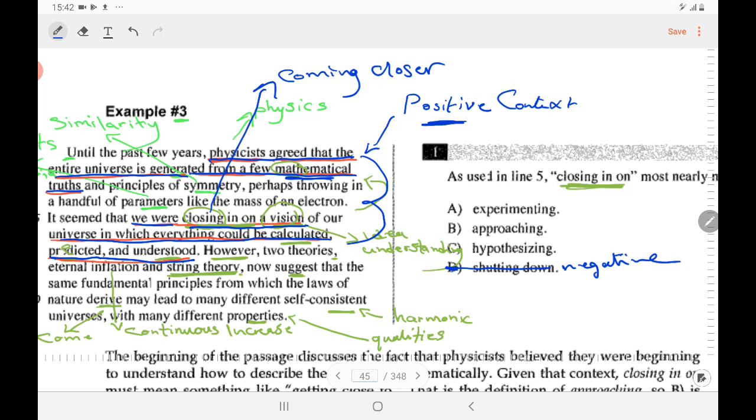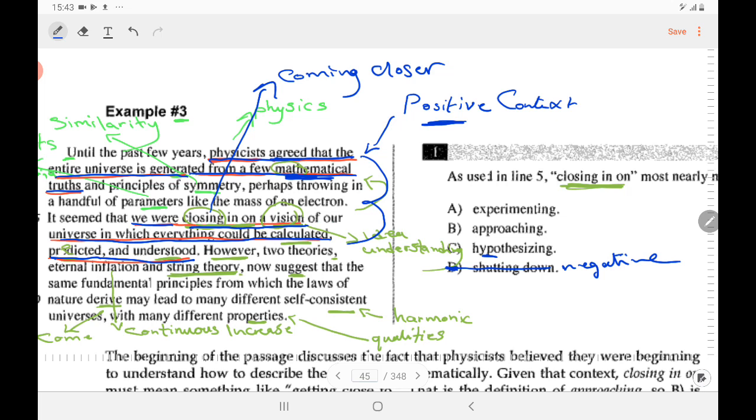Hypothesize, which means predict, which means explain something depending upon insufficient understanding or insufficient information. So to hypothesize, predict, or expect, or guess. Here they said they agreed to explain everything upon math, not guessing. It's mathematical truths.